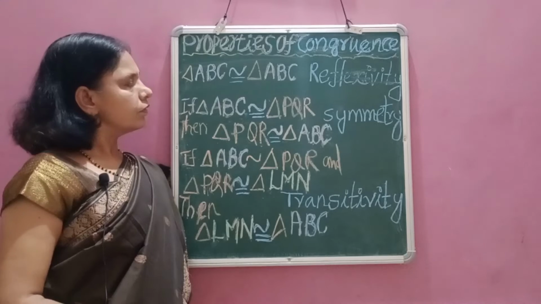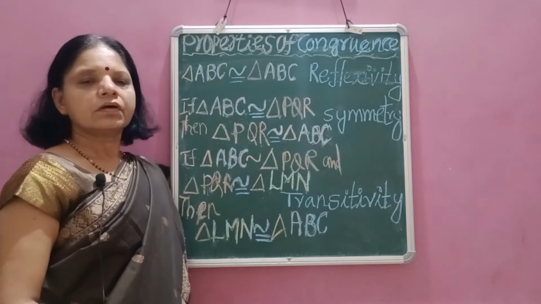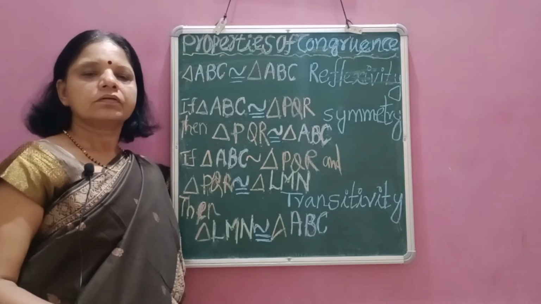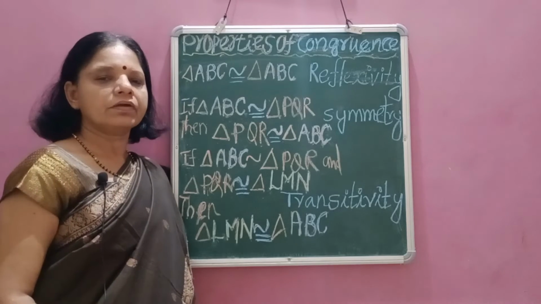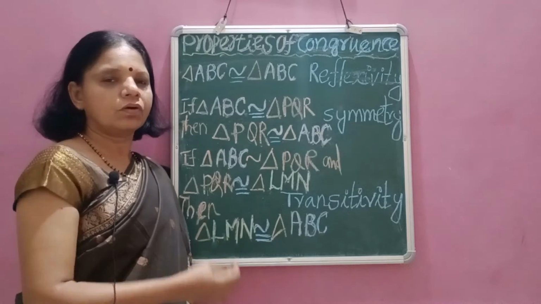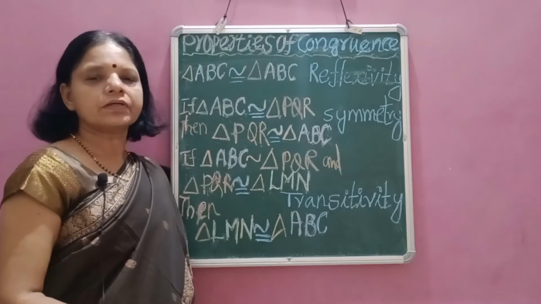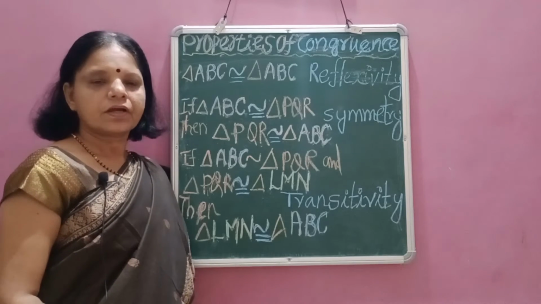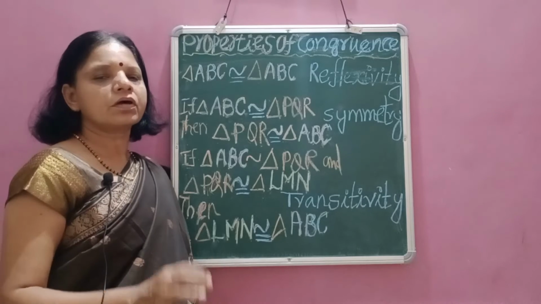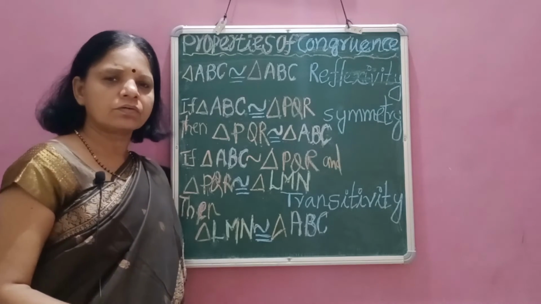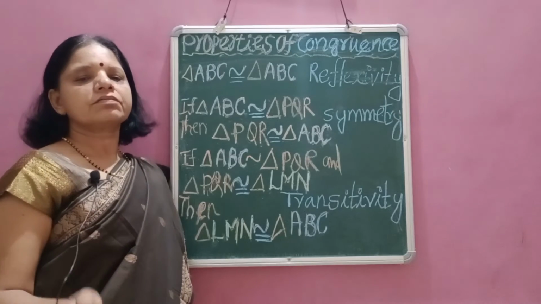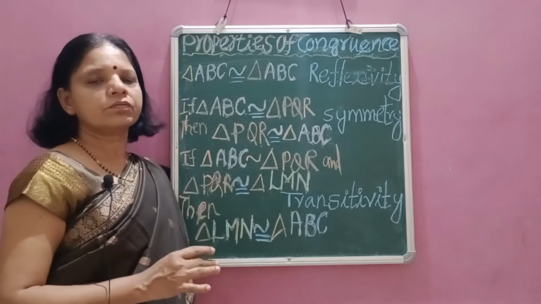That is, not only triangles, every other figure that is congruent has the property of congruence. For example, if it is a line segment, every line segment is congruent to itself. If a line segment is congruent to a second, then the second line segment is congruent to the first.